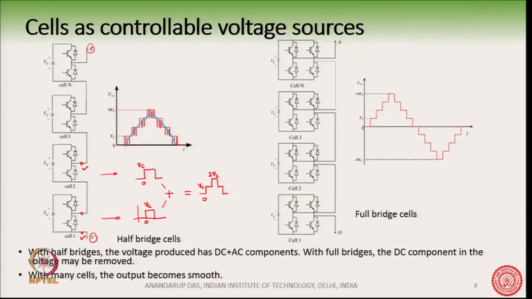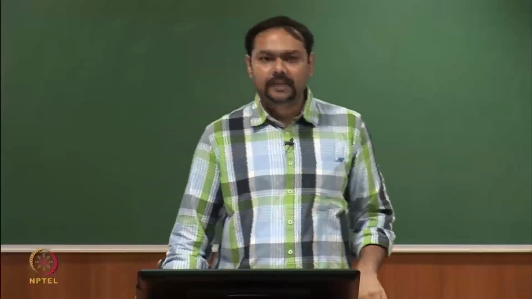A very nice quality of sine wave can be produced, because if n is large, this step size, the height of each step in the waveform, becomes very small for a fixed magnitude of the AC voltage. So, if n becomes very large, then the waveform automatically approximates to a sine wave.